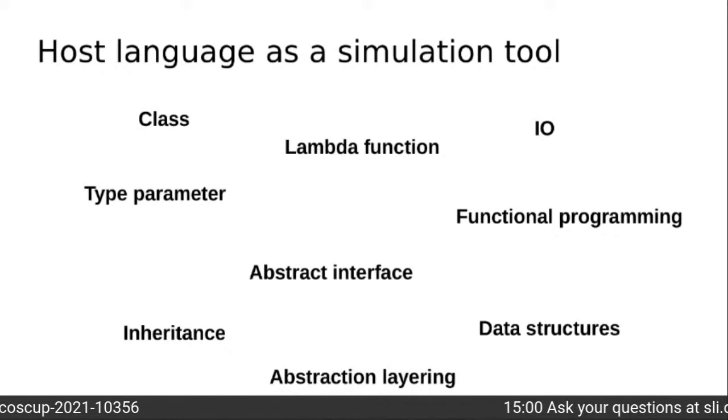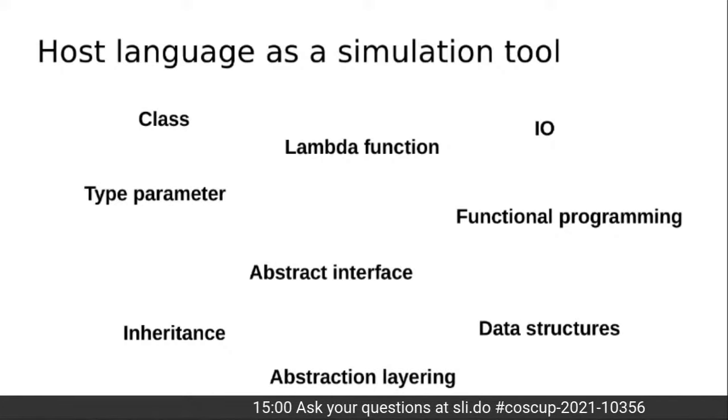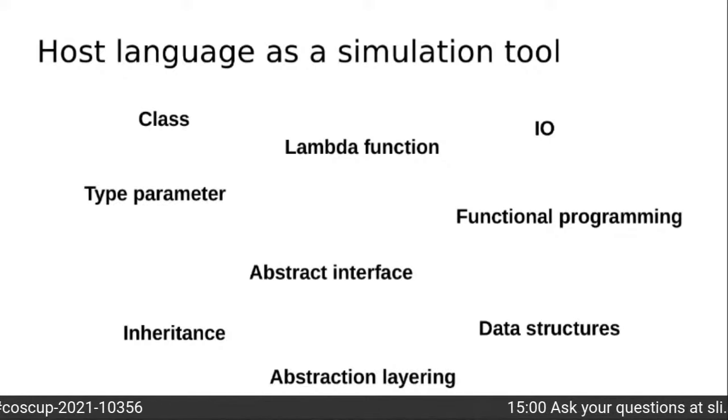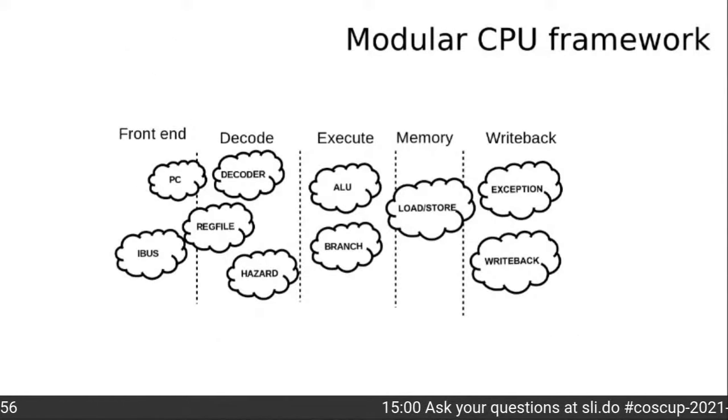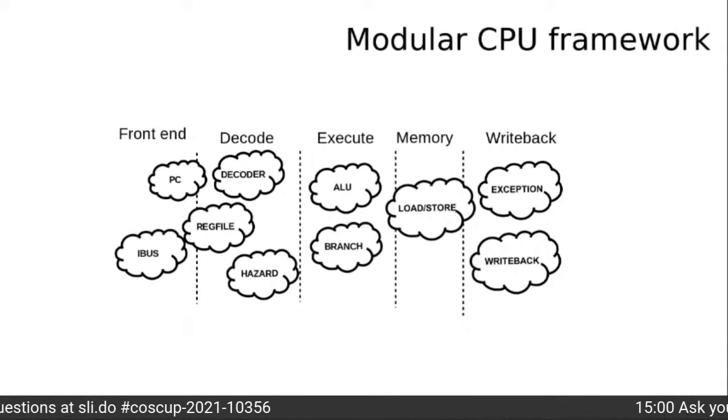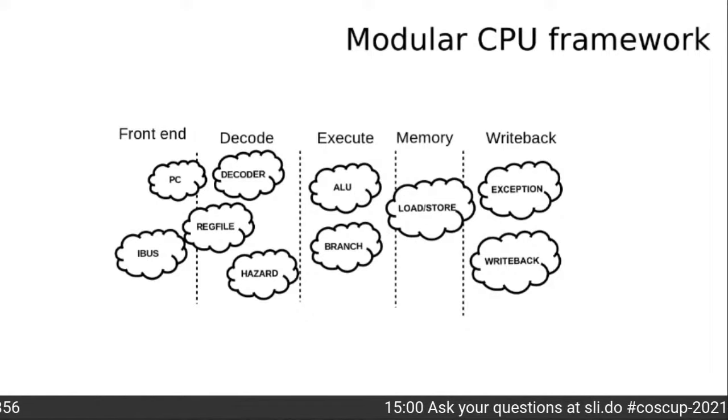Exactly as I said before, all the features, you can use them to write your test bench, to write reusable elements of your test bench. It can be really powerful. And so now that we have the ability of writing digital design and simulation in software, we can also go further. Why not try to define a CPU with all of this?